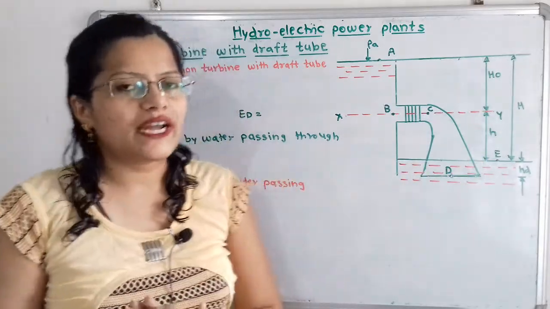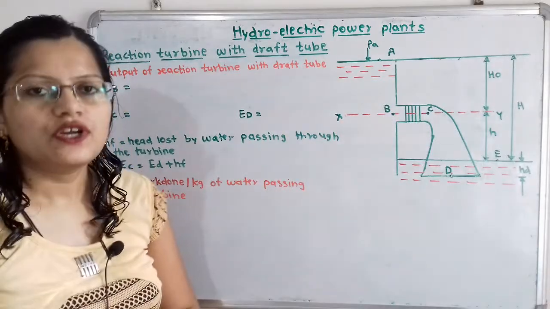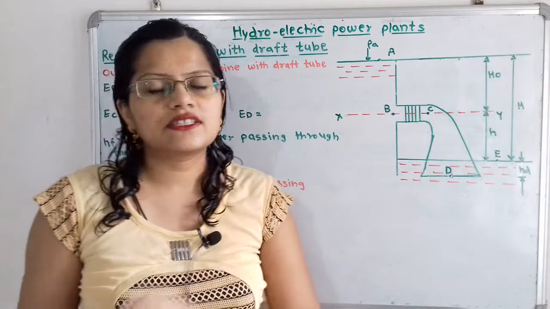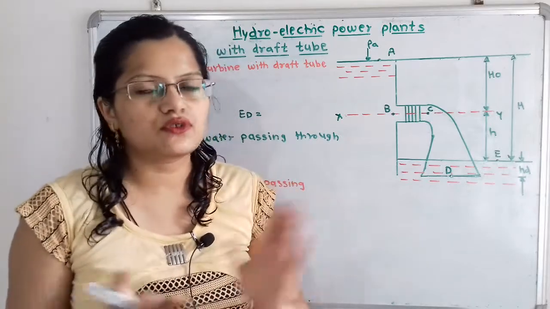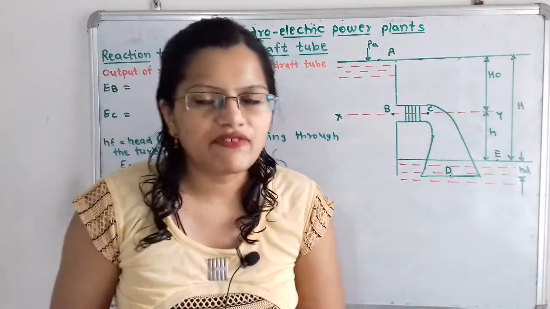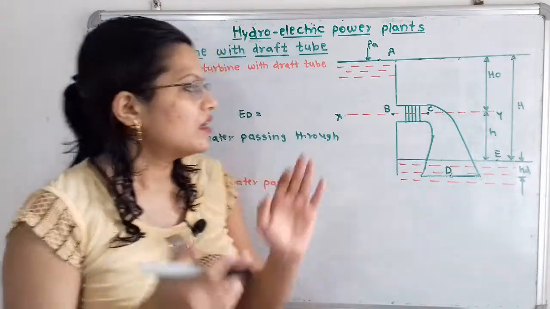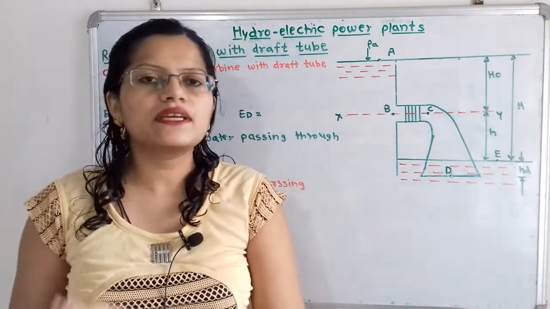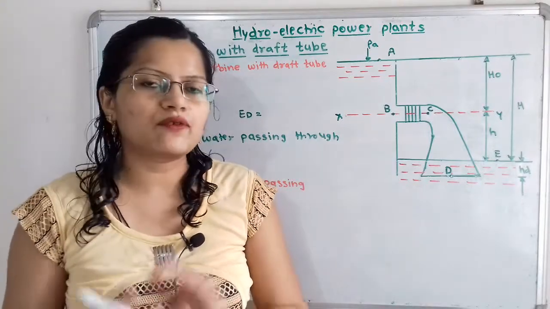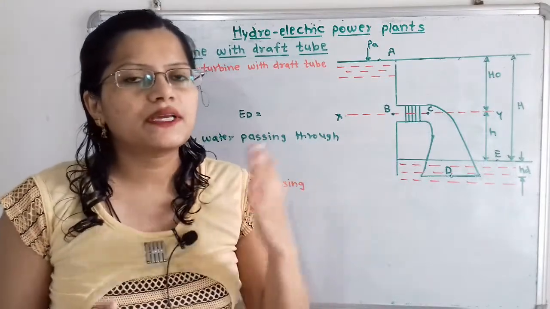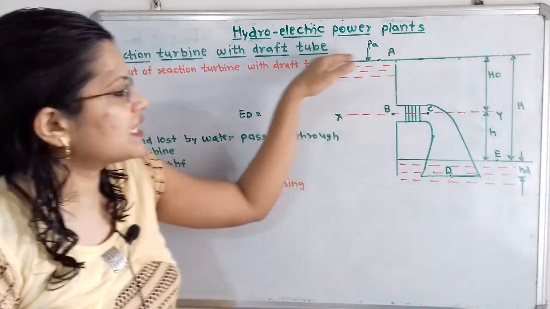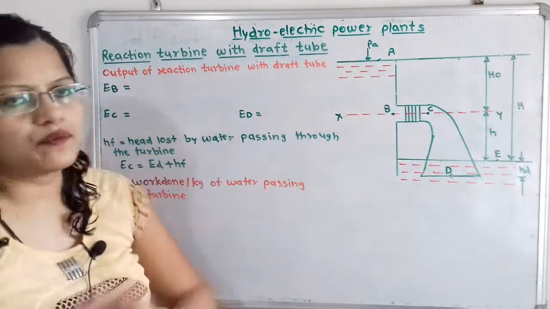So how to write the energy at point B? We know that below this headrace level the water is in static condition, that is, it is not moving. So how can we define the pressure at point B, that is PB by rho g? Above this headrace line there is atmospheric pressure.